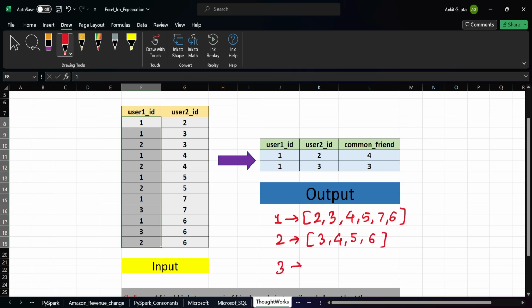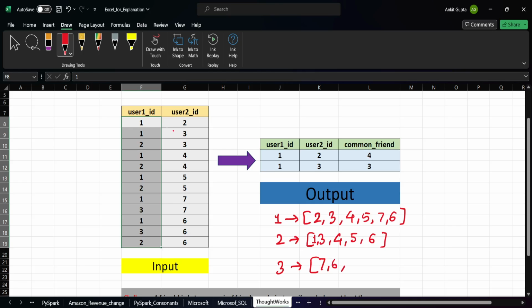Now let's read for 3. Here we have a 2 also, so 2 will also say my friend is 1, so 1 will also come. Similarly for 3, we have 7, and for 3 we have 6.